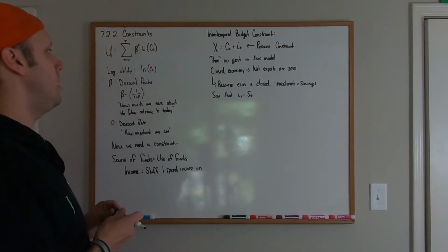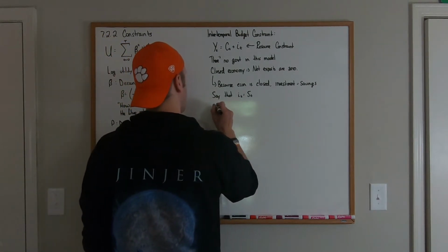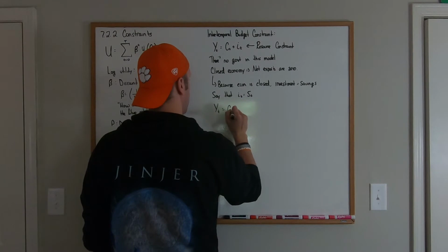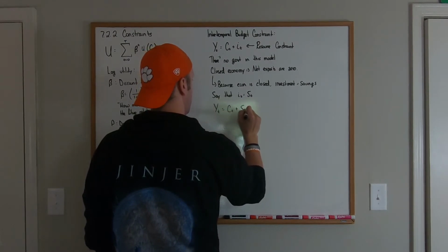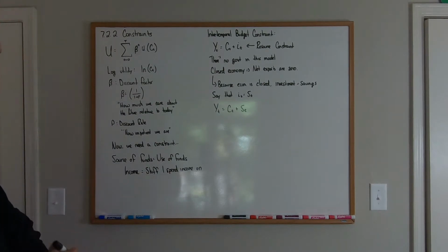So, if investment is equal to savings, I can rewrite the constraint as the following. Like that. So if I rewrite the constraint like that, this says that I can either consume or I can save.